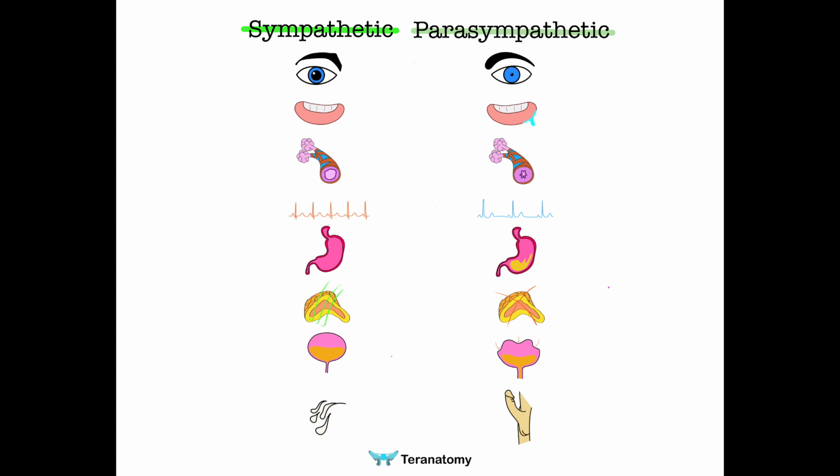In the urinary bladder, the sympathetic system relaxes the bladder wall and contracts the sphincter, whereas the parasympathetic system contracts the bladder and relaxes the sphincter. Finally, regarding sexual function, the parasympathetic system promotes erection, while the sympathetic system is responsible for ejaculation. These are just a few examples of how both systems exert their effects throughout the body.